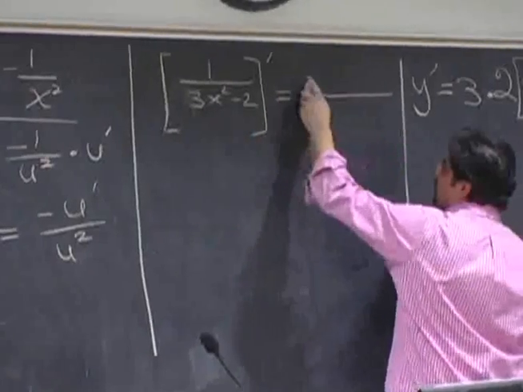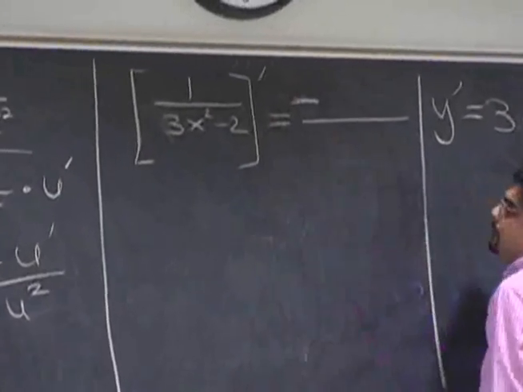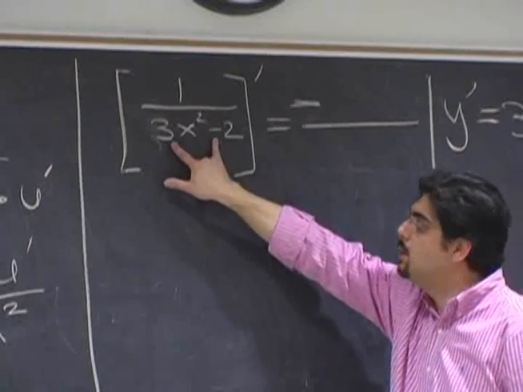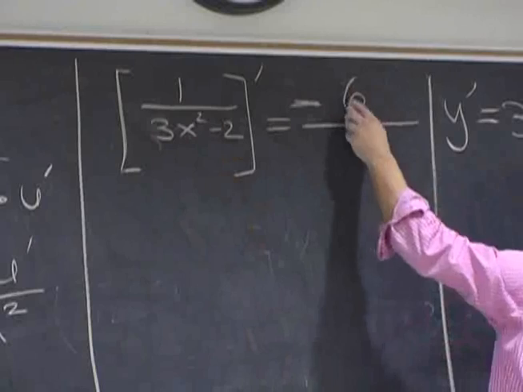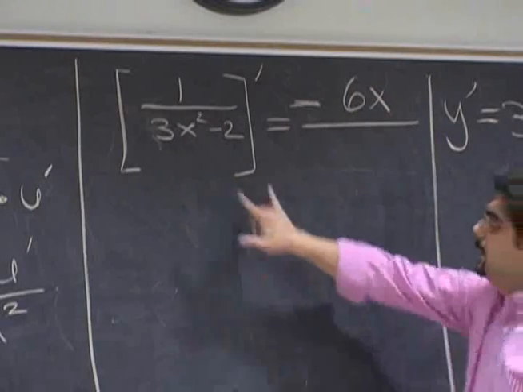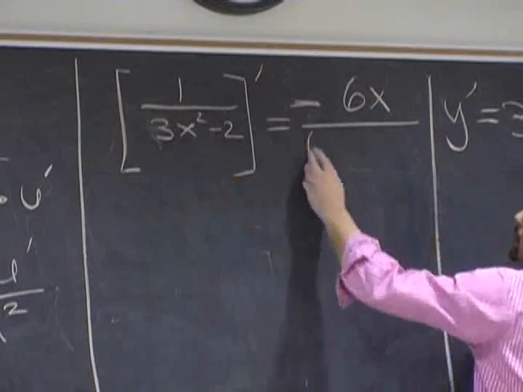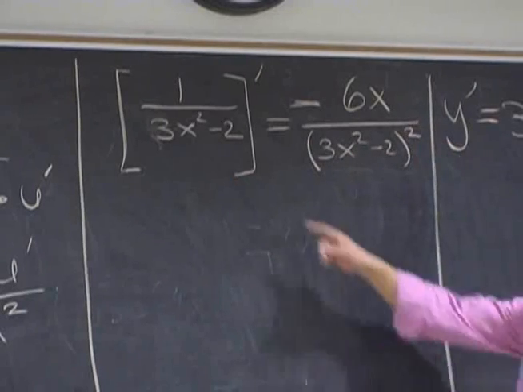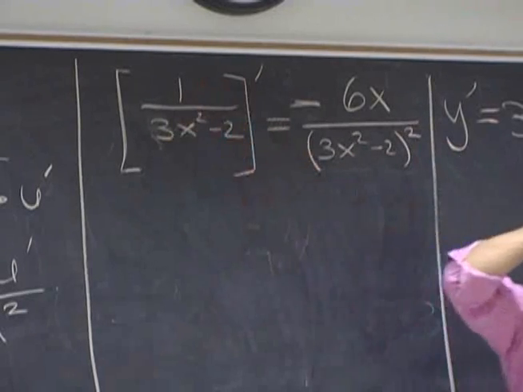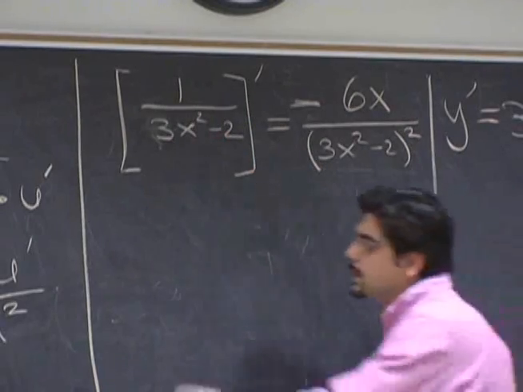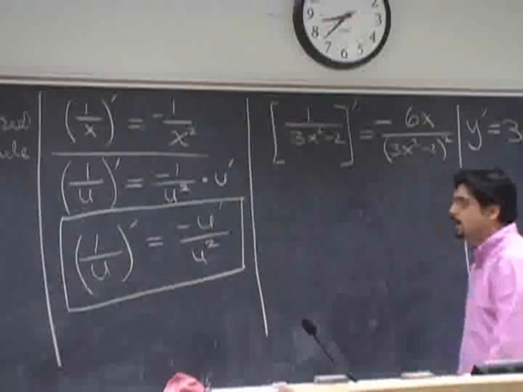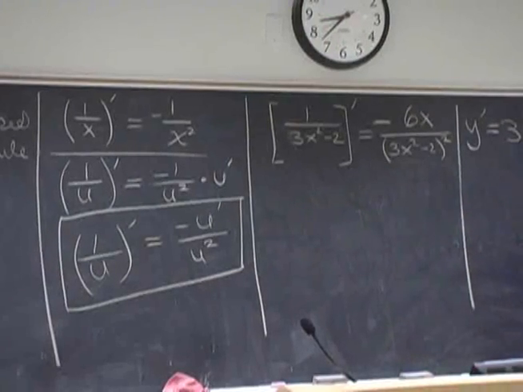And the derivative of that will be negative u prime, the prime of this denominator, which is what? 6x, divided by this u squared. Which is much faster than trying to do the quotient rule here, right? So I'd like you to commit this to memory.